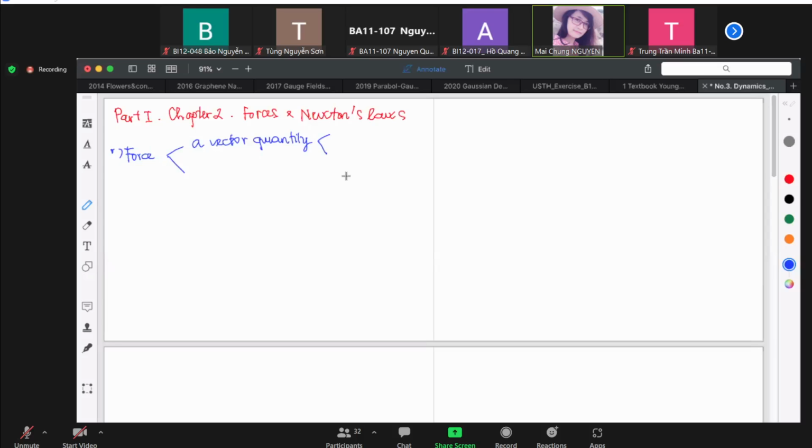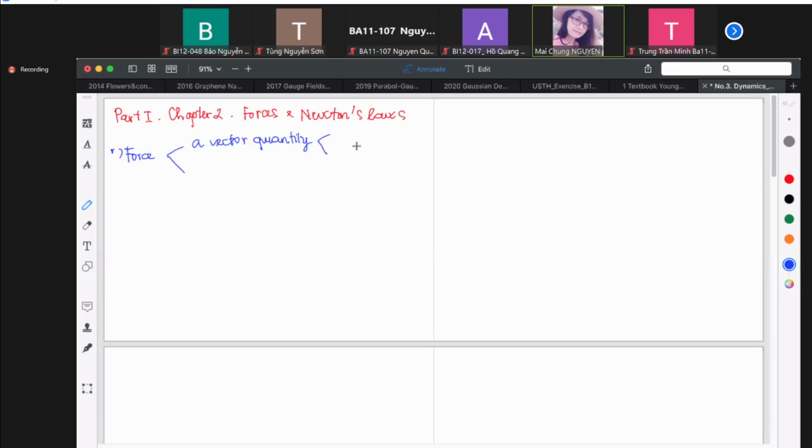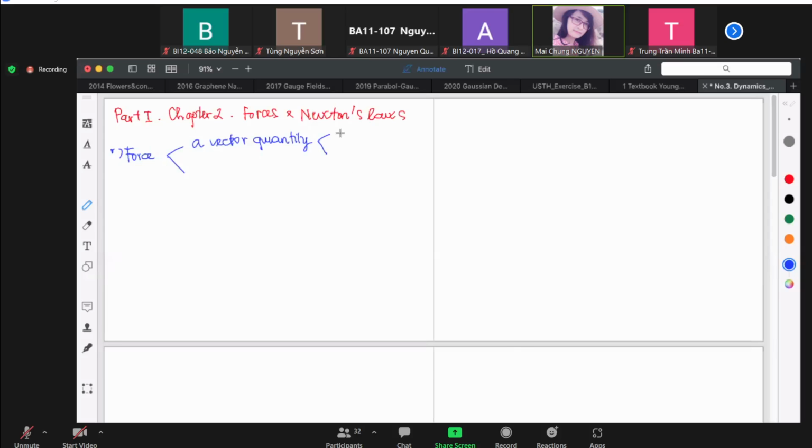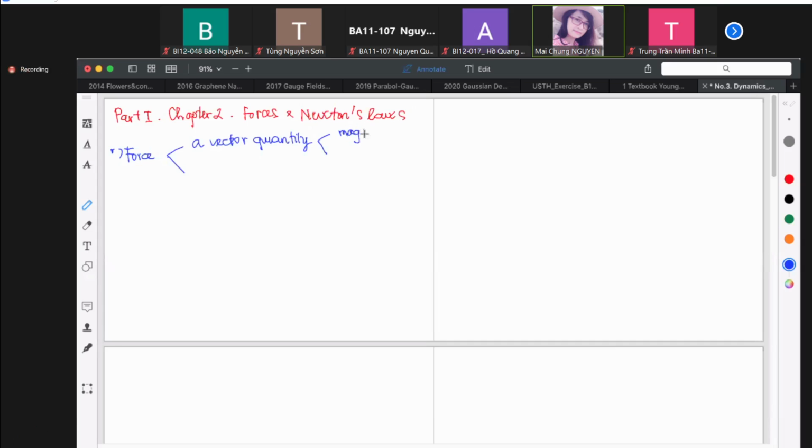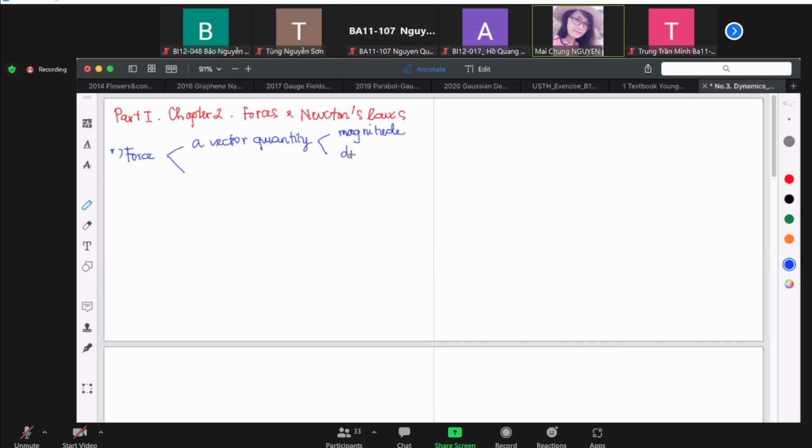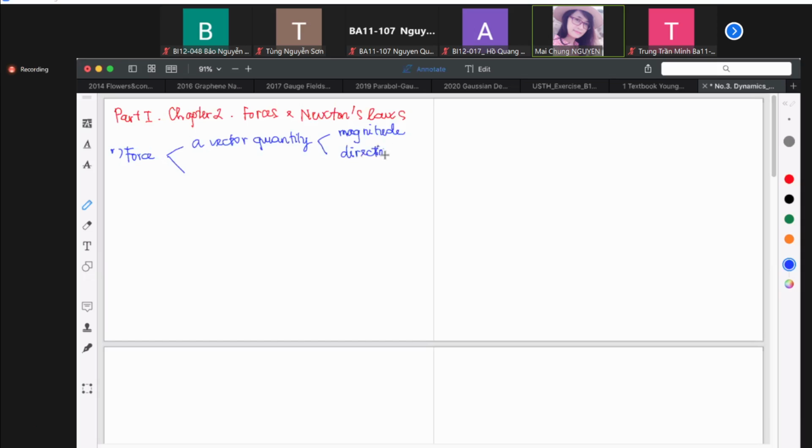Any vector quantity has magnitude and direction, right? So we need to show the magnitude and direction. And what about the unit of force? How do we measure force?